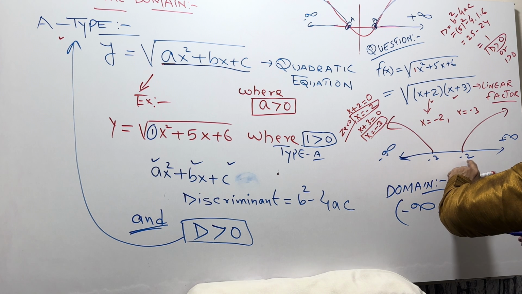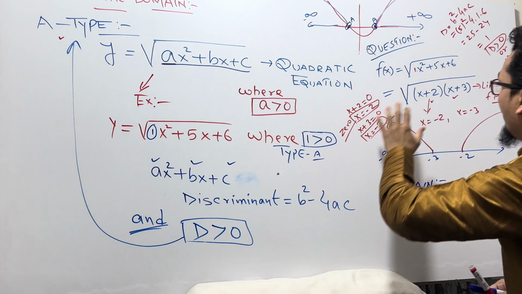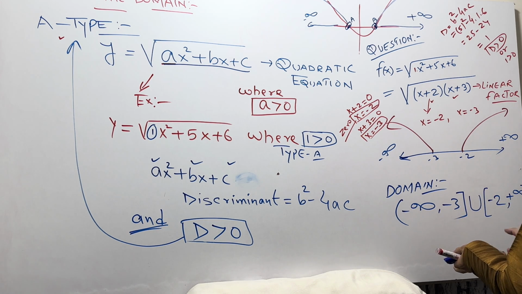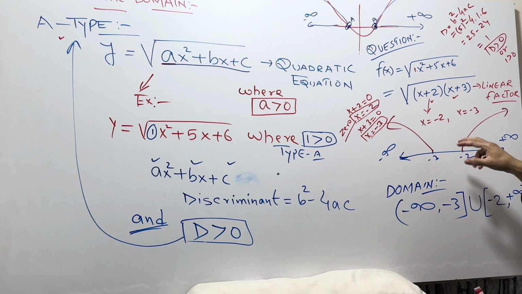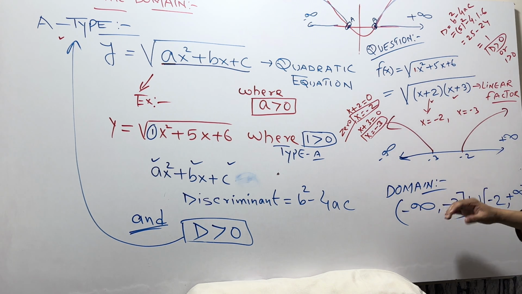And from minus 2, use the closed bracket, and then positive infinity with the open bracket. So this is the domain of this quadratic function: minus infinity to minus 3 and minus 2 to positive infinity. If you give any value from this interval, the function exists. If you give any value between minus 3 and minus 2, the function never exists. So this is the domain of this one.